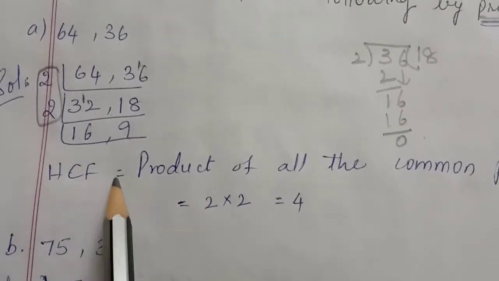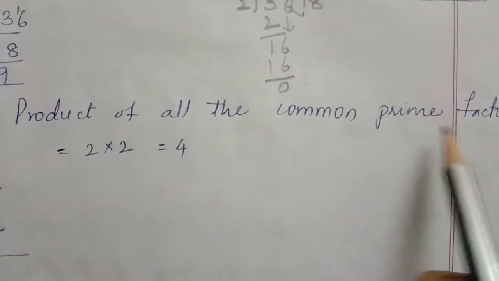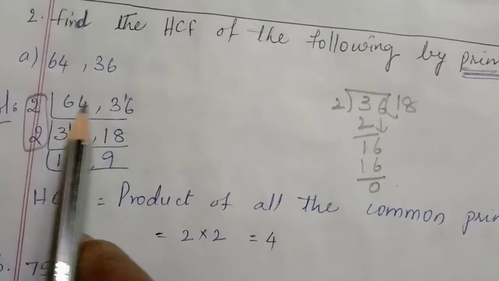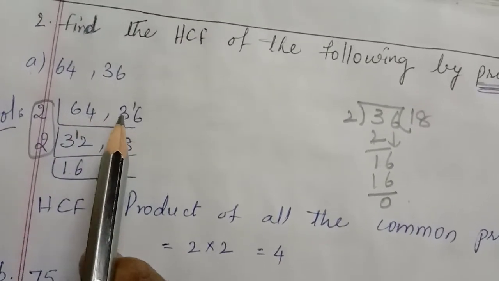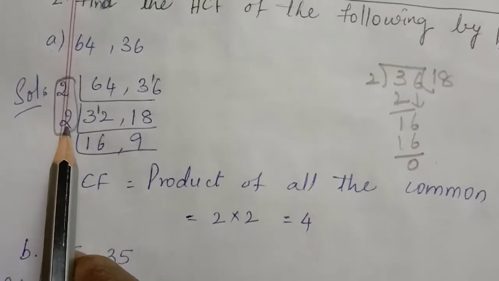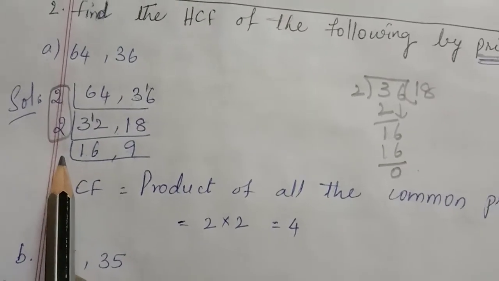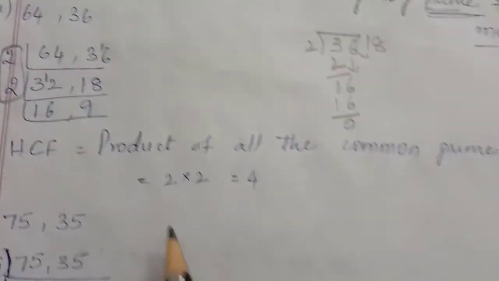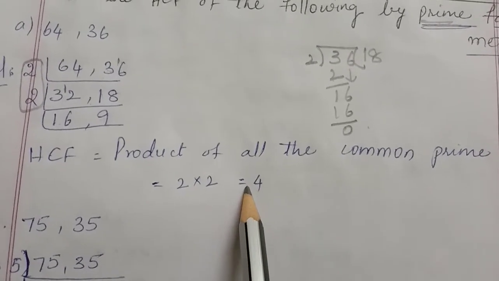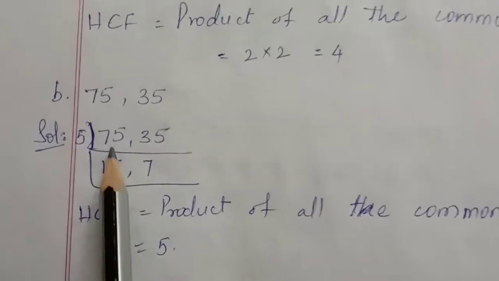Now HCF is equal to product of all the common prime factors. Here we have two numbers that have the same common factor. Here also the same common factor. But for these two we don't have a common factor. So we will just leave. Now 2 into 2 equal to 4. Children, I think you have understood. Now we'll move on to the next sum.